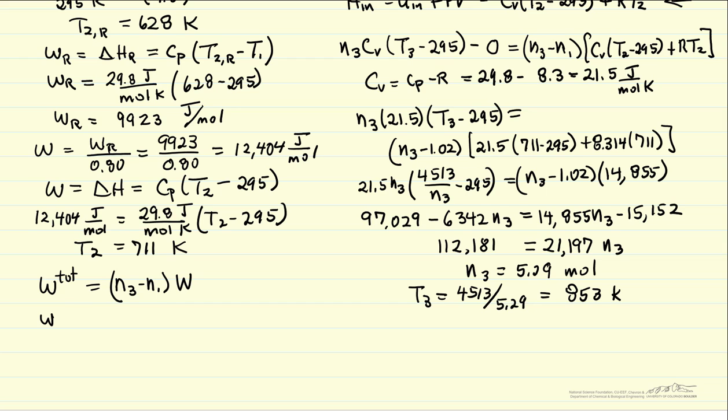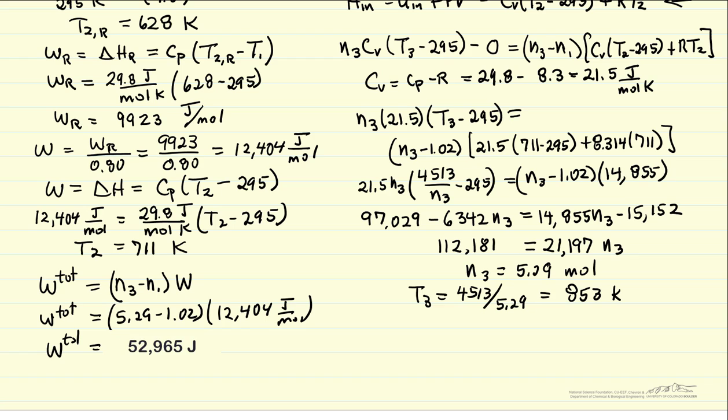So the total work would be 5.29 minus 1.02 multiplied by 12,404 joules per mole. So the total work is 52,965 joules, which is 53.0 kilojoules. That's the work required to pressurize the tank to 15 bar.